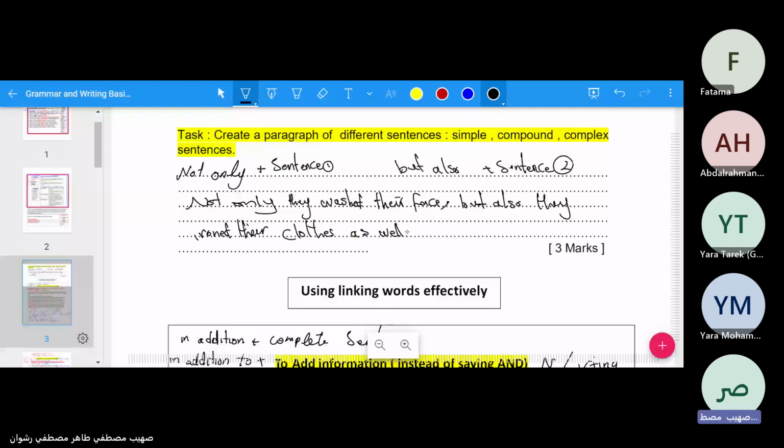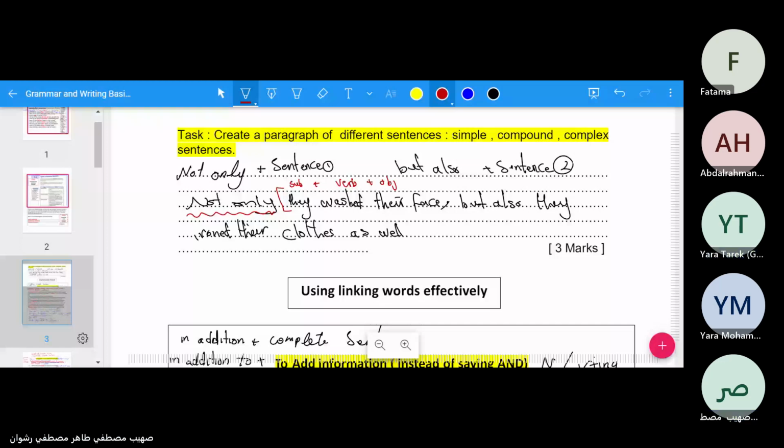Here not only is at the beginning, and please pay attention to the correct grammar. We said not only, then the subject, and washed is the verb. This is the object, their face, right? This sentence is wrong. It's an incorrect sentence structure grammatically.